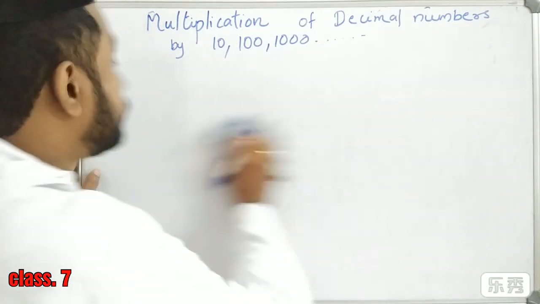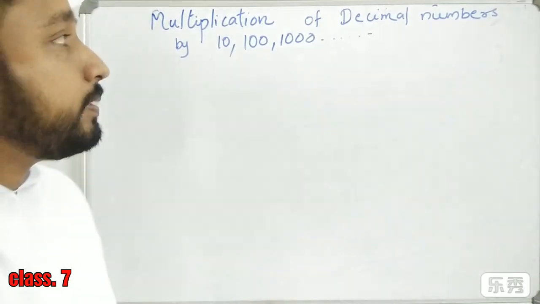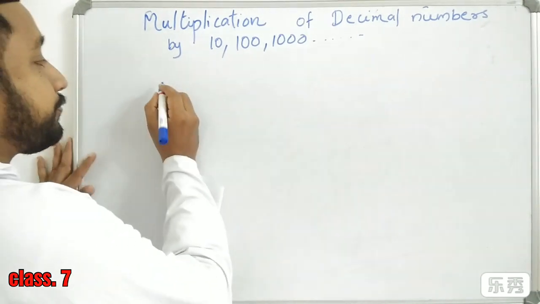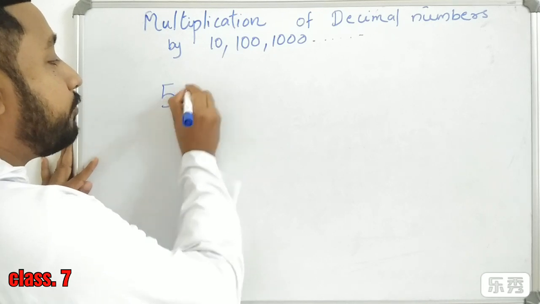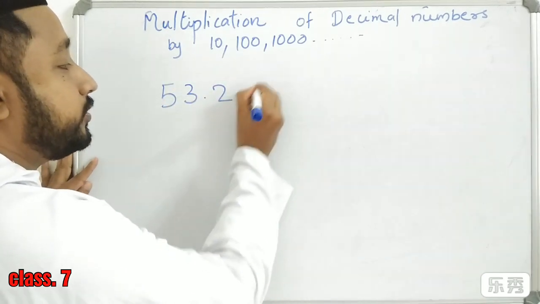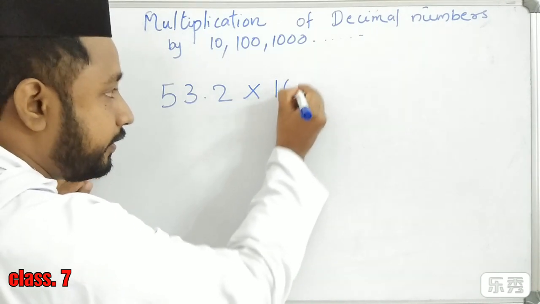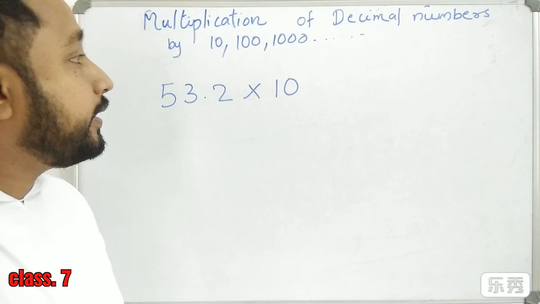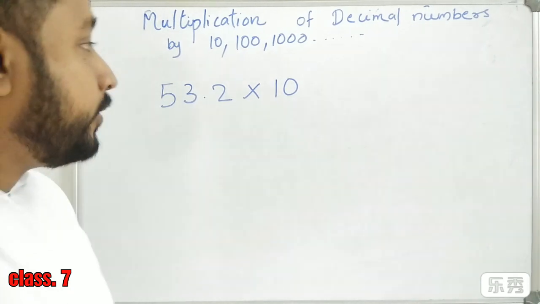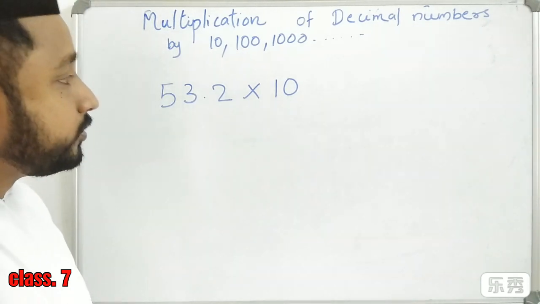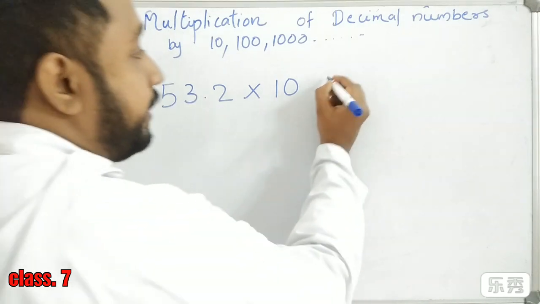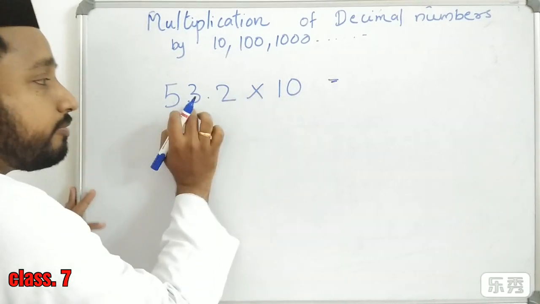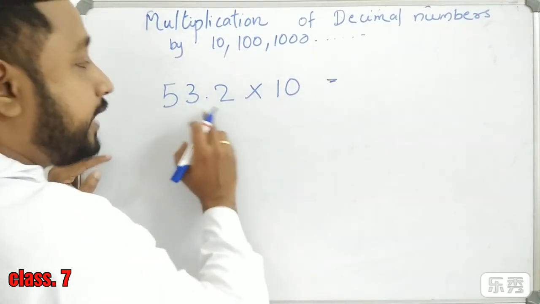So here we are going to study multiplication of decimal numbers by 10, 100, 1000. For example, 53.2 into 10. We are going to multiply 53.2 by 10.